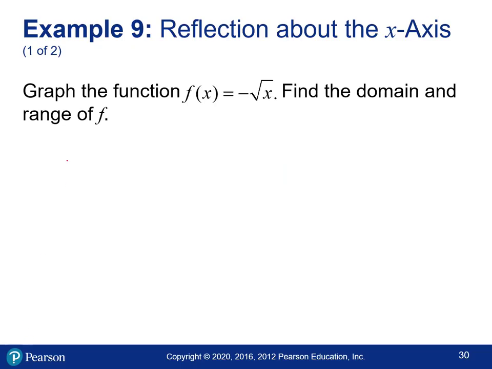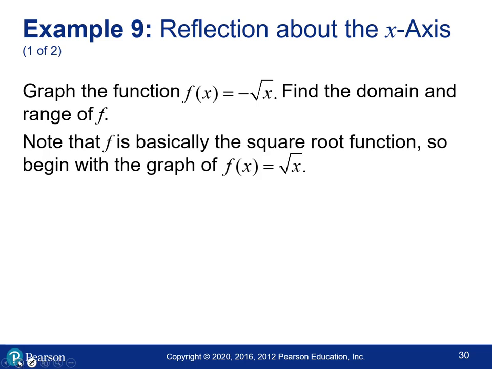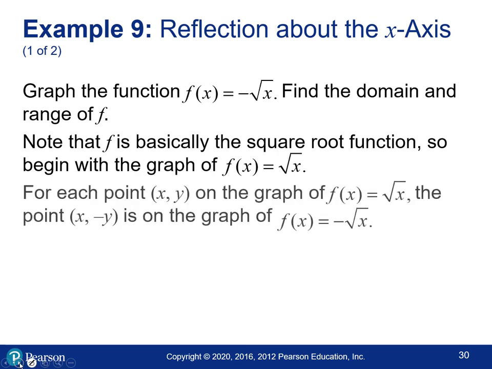Okay, we are ready for our last type of transformations, and it's going to be called reflections. You can kind of think of this like flipping. So f of x equals negative square root x. All right, so the negative sign is going to do something interesting to our graph. This is pretty much the same square root function we've had a few times now, but it's going to be changed slightly, transformed, because of that minus sign.